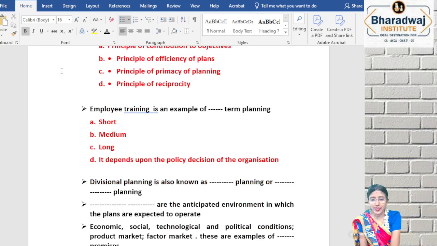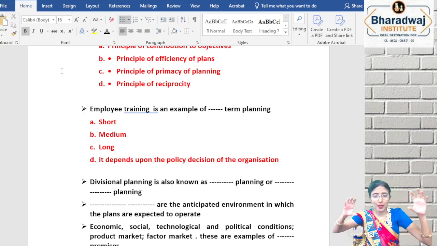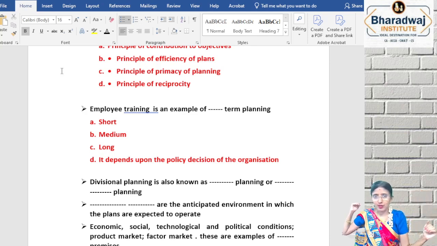Employee training is an example of dash term planning. Short. Short term or medium term or long term. No, types of planning based on time, based on scope, isn't it? On time you have short term, medium term, and long term. Based on scope you have corporate, divisional, departmental, right?